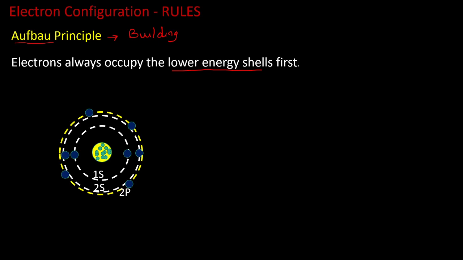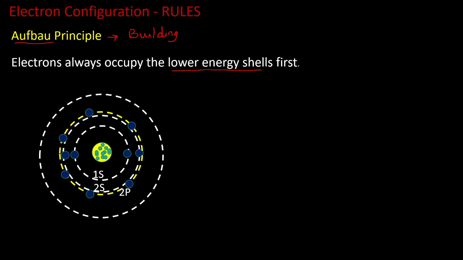So basically right now we would have 8 electrons filled in the second shell and 2 electrons in the 1s shell. Now if there are more protons and my atom can take in more electrons, only after the 2s and 2p get filled will the electrons go to the third shell, which is the 3s.